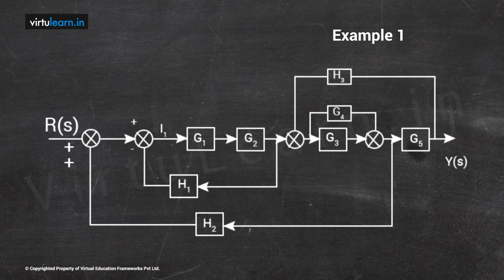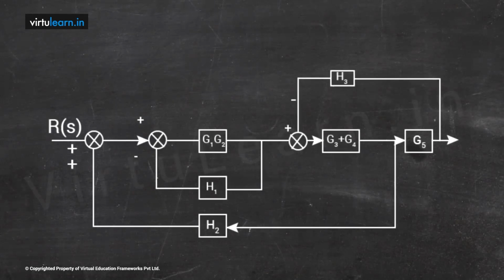And whenever the blocks are connected in parallel, we simply add or subtract depending upon the signs available. Therefore we are going to add them. That becomes G3 plus G4. The remaining block diagram is as it is. We are not going to change it. The only change is occurring in the parallel blocks, and the resultant is G3 plus G4.